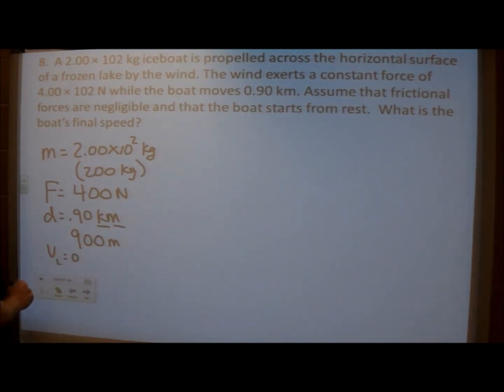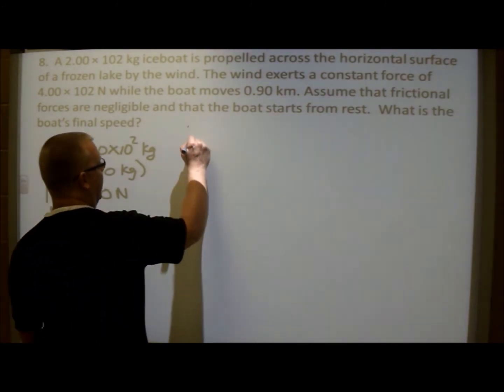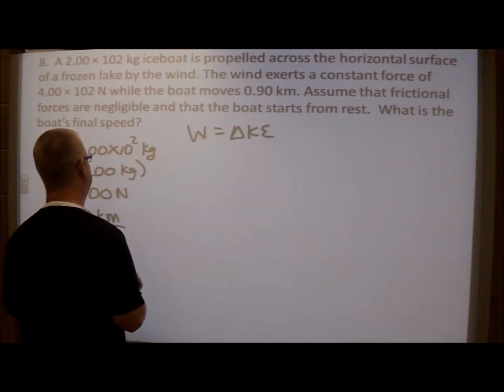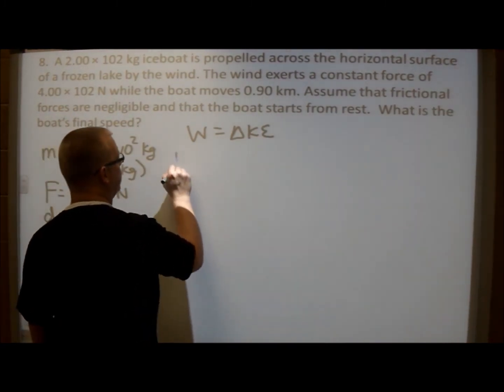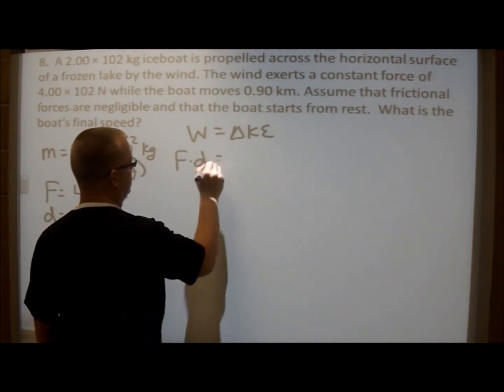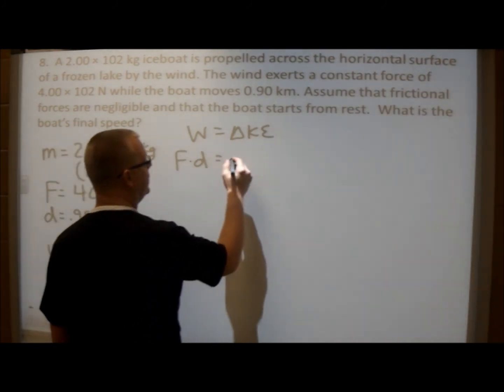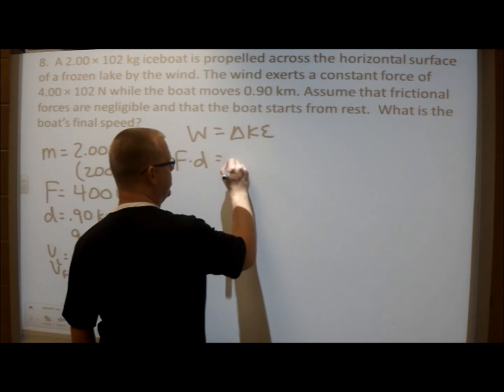Assume that frictional forces are negligible and that the boat starts from rest. Vi equals 0. What is the boat's final speed, Vf? All right, well, I think I'm going to use the work energy theorem. I know that work is force times distance, and I know that the change in kinetic energy is the final kinetic energy minus the initial kinetic energy.